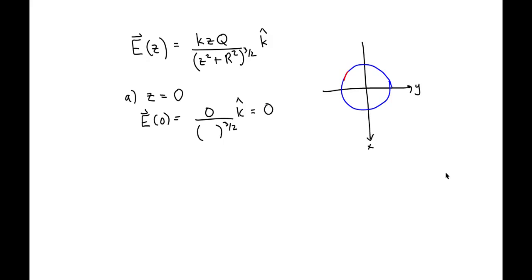We would expect that, because if there is no z component, every infinitesimally small piece of charge on the ring has a mirror charge on the opposite side of the origin. And if we are only looking in the xy plane, the mirror charge's electric field vector will exactly cancel with its opposite.